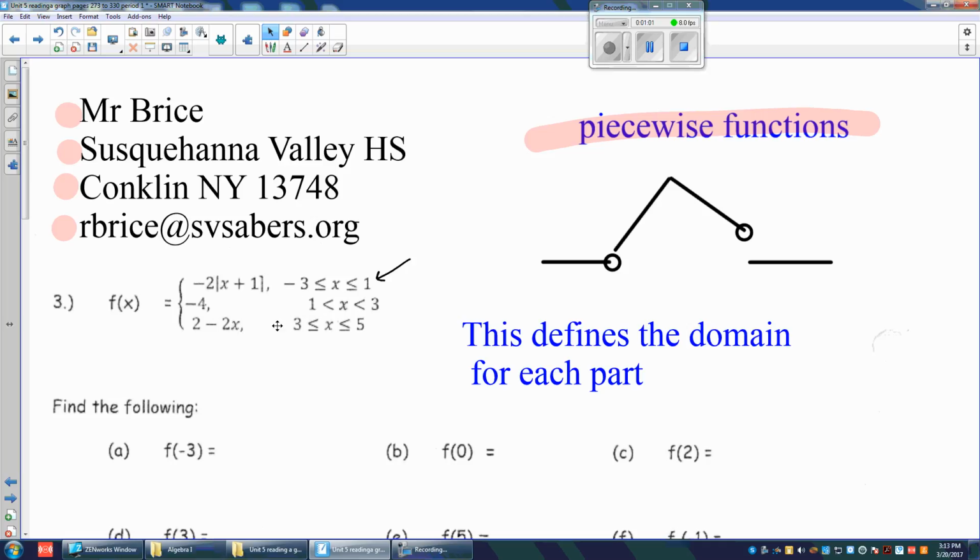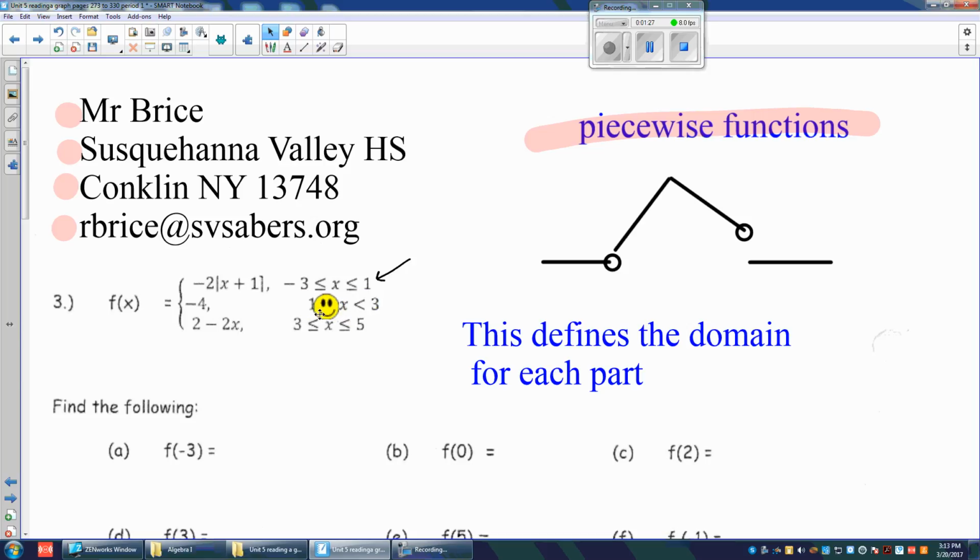So when I look at this function right down here, this is function notation. Evaluate the function at -3. Is -3 between 3 and 5? No. Is -3 between 1 and 3? No. Is -3 between -3 and 1?